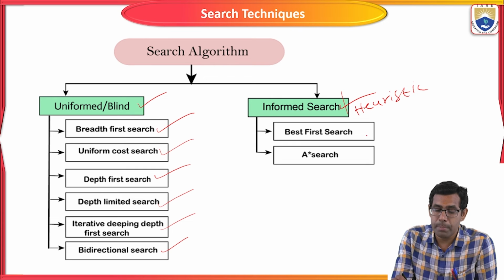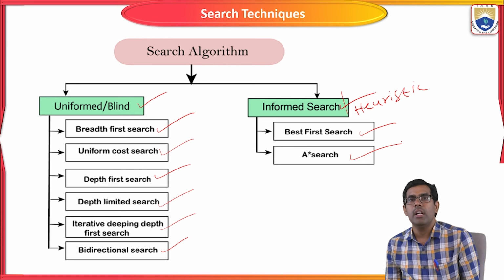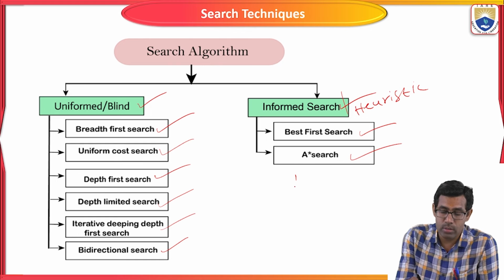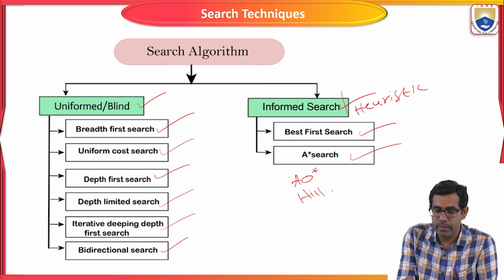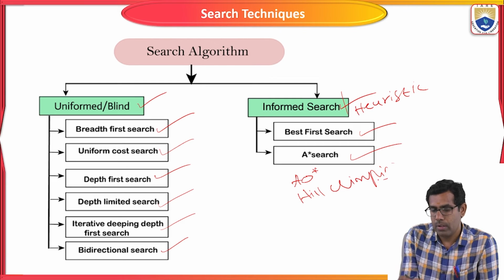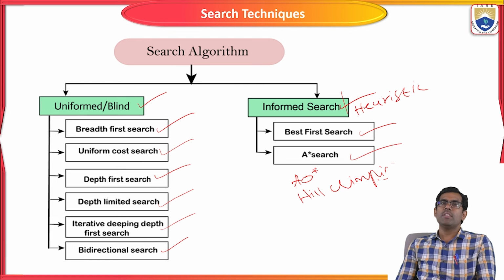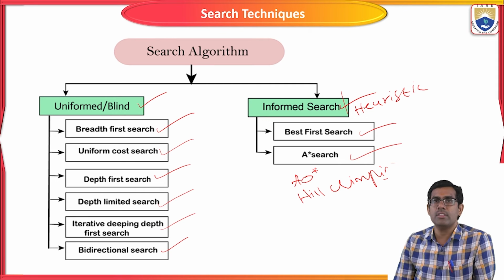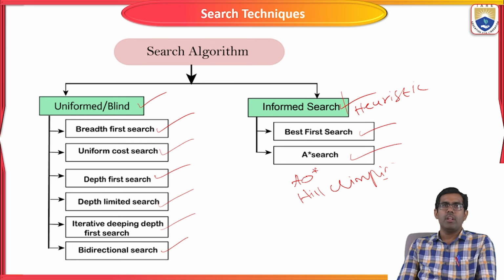In the informed search, best first search and A star search are the best examples, the best algorithms for finding the solution based on the problem statement. We also have some additional algorithms like hill climbing, etc. So we have two types of searching techniques: informed search and uninformed search.